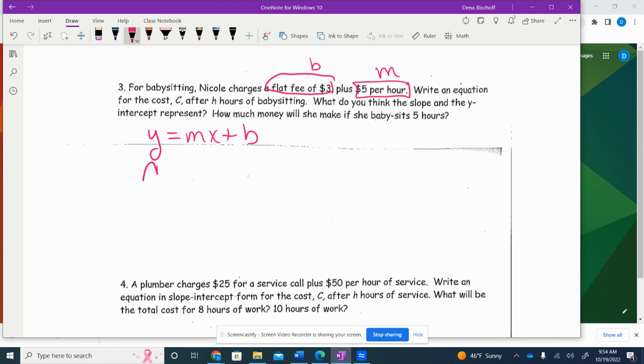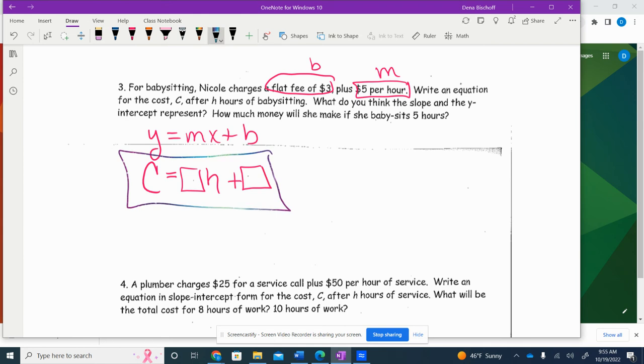But we're going to rewrite this as the cost equals whatever my slope is times h plus whatever my beginning value is. So you're going to plug those numbers in and create this equation. And then you're going to figure out how much it is going to cost to pay her if you let x equal 5, because she's going to babysit for 5 hours.